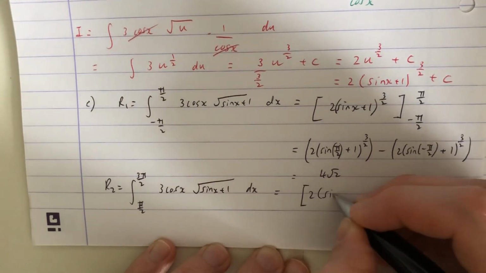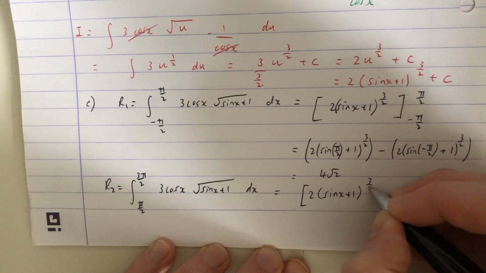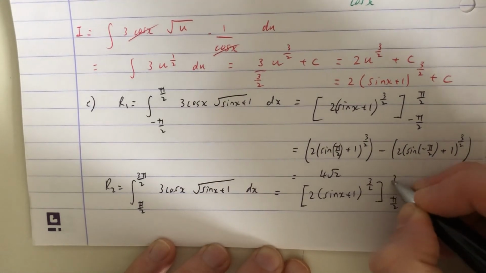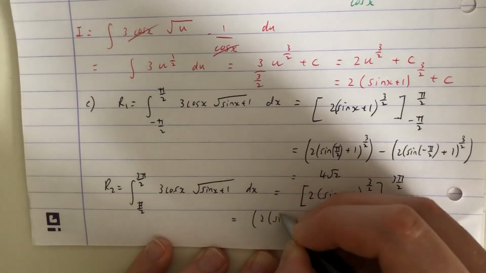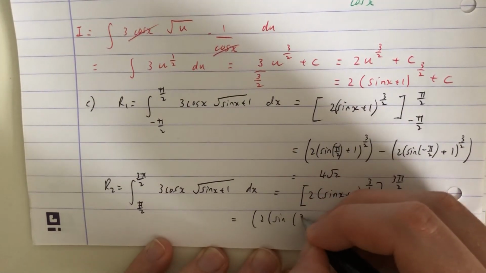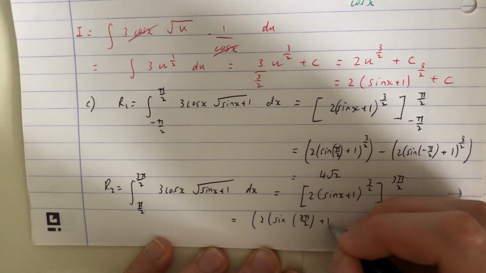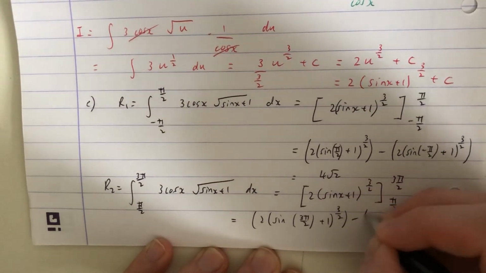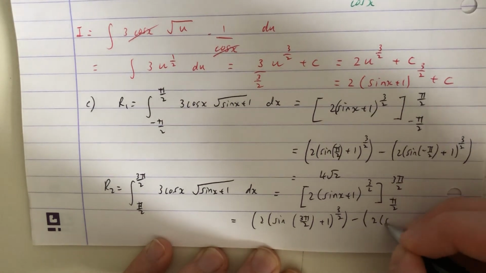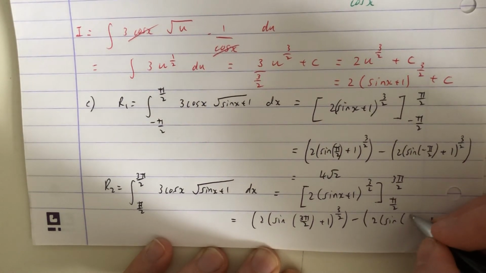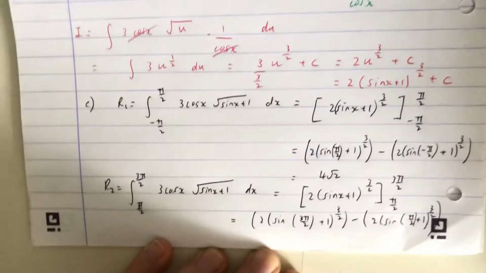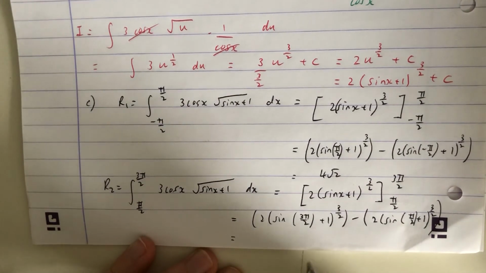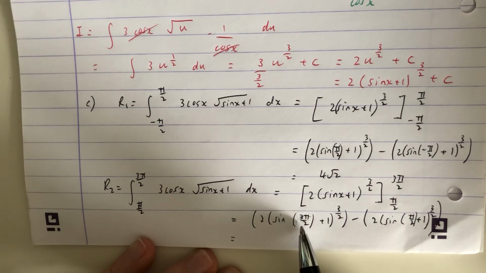So substituting these limits instead, and hopefully you'll get the same value, which is equal to, so sine of 3 pi by 2 is minus 1.